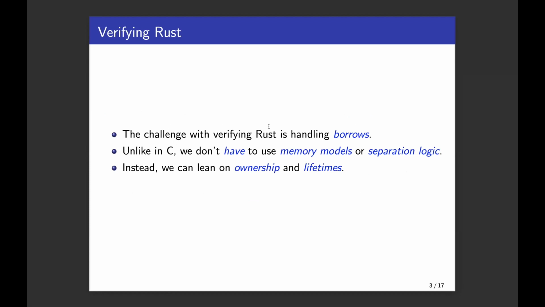So in particular, the thing that is of immediate interest is, of course, the verification of programs that use borrows in Rust, because unlike in C, where all we have are raw pointers, and thus we find ourselves required to use things like memory models and separation logic to help reason and break down the problem of verifying pointer programs. In Rust, we can leverage the discipline of ownership and the lifetimes of our borrows to help dramatically simplify their verification.